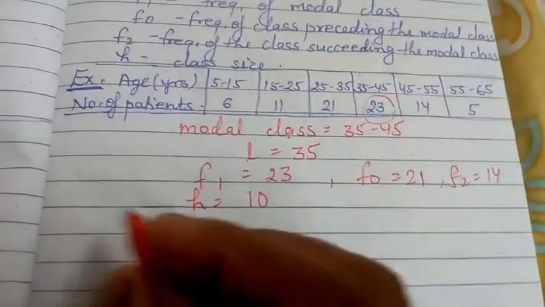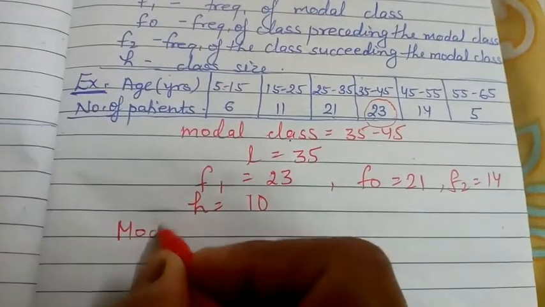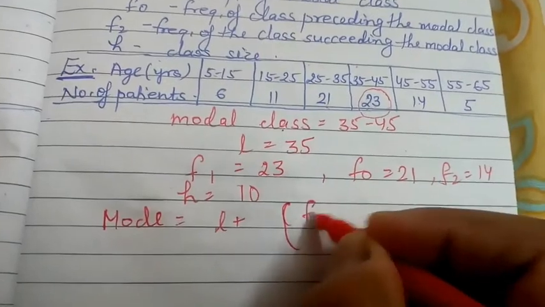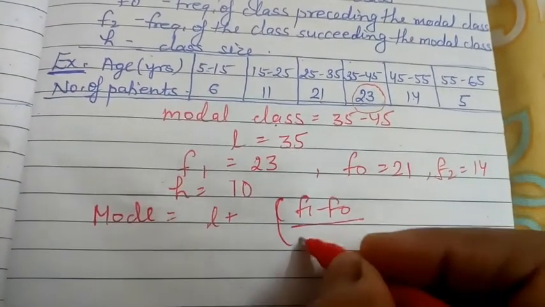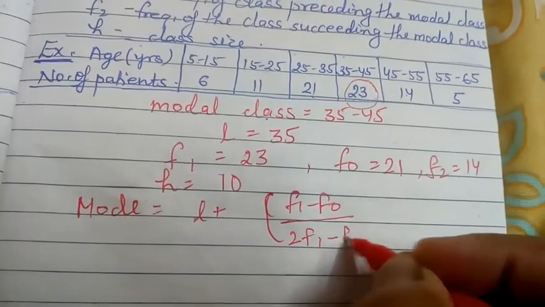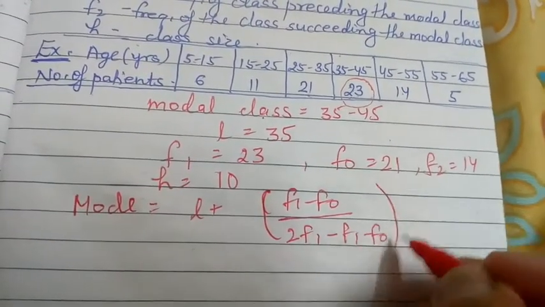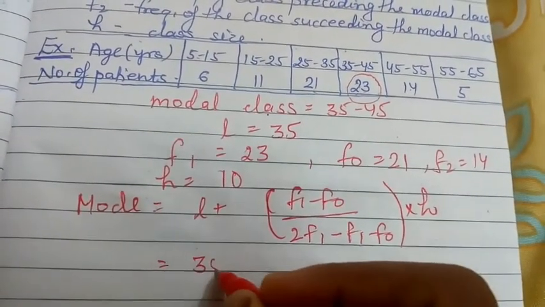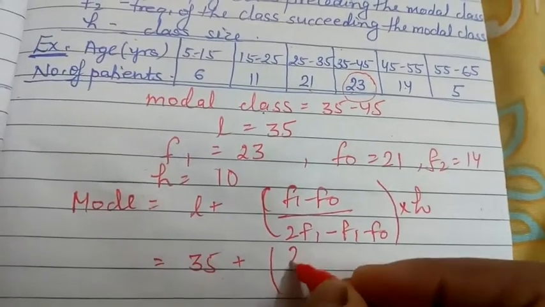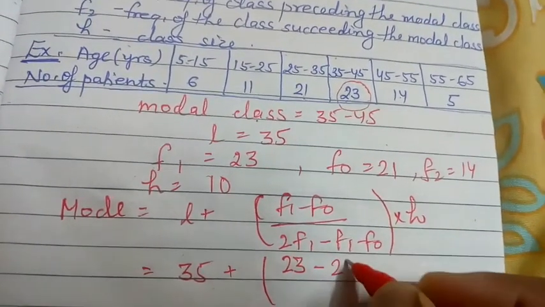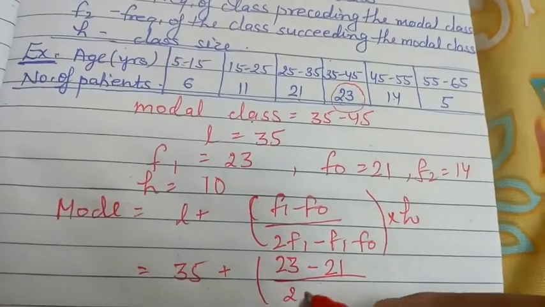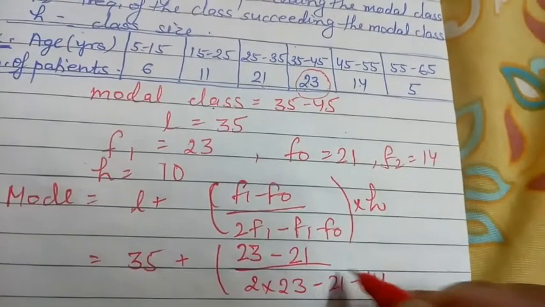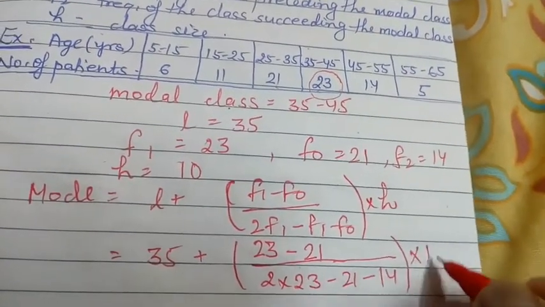Write the formula of mode and put the values. Mode equals L plus (F1 minus F0) by (2F1 minus F0 minus F2) into H. Just put the values: 35 plus (23 minus 21) by (2 into 23 minus 21 minus 14) into 10.